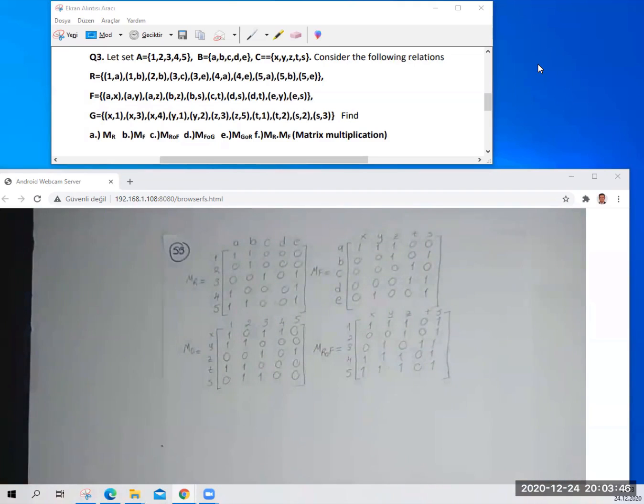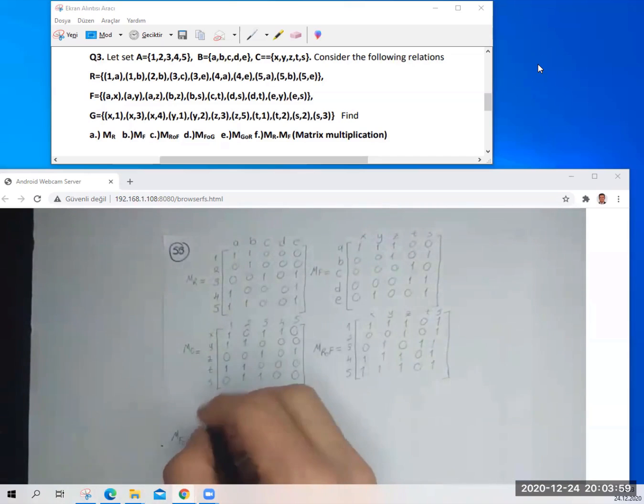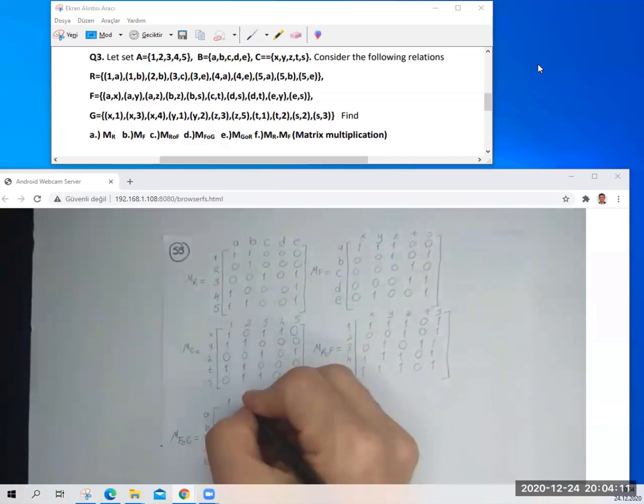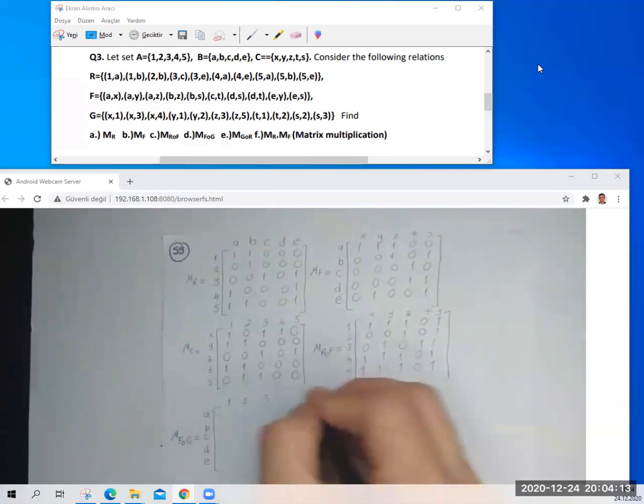So the next one is F to G. From F to G, it means A, B, C, and then here 1, 2, 3, 4, and 5.